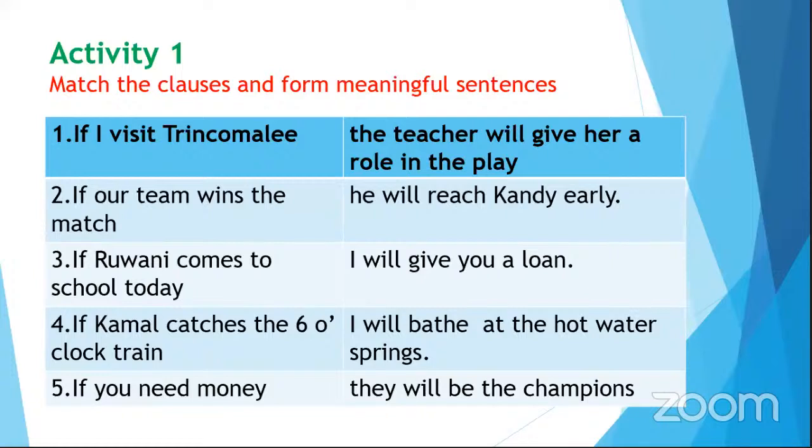You have the if clause first, and then in the second column you have the main clause. So my dear students, please join them and make meaningful sentences. Remember, this is type 1 conditional clauses. Okay, I will give you 5 minutes. Is it okay for you? Right, start.